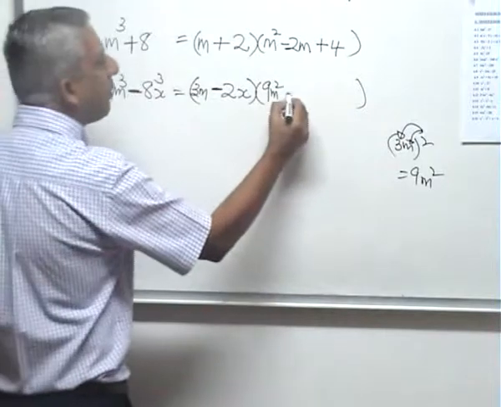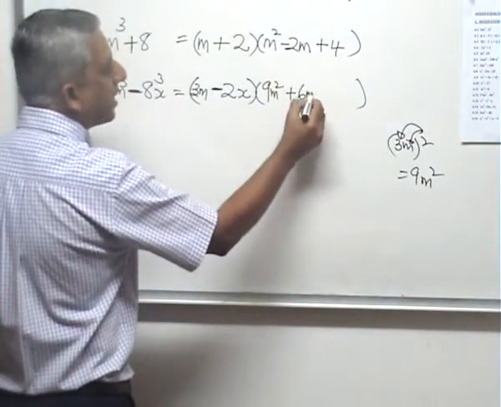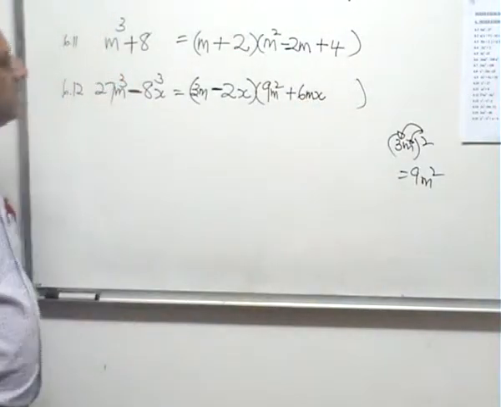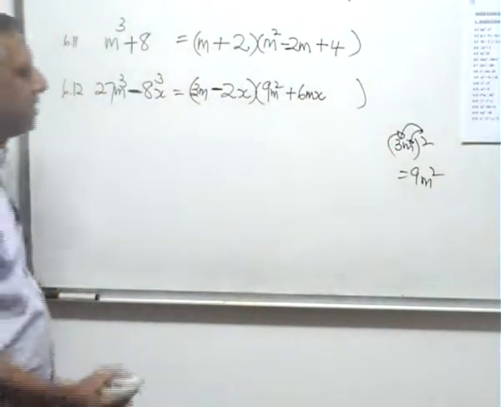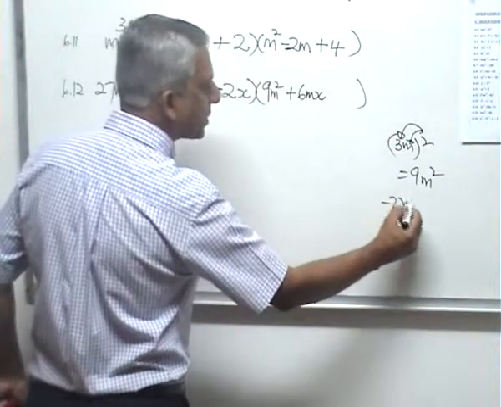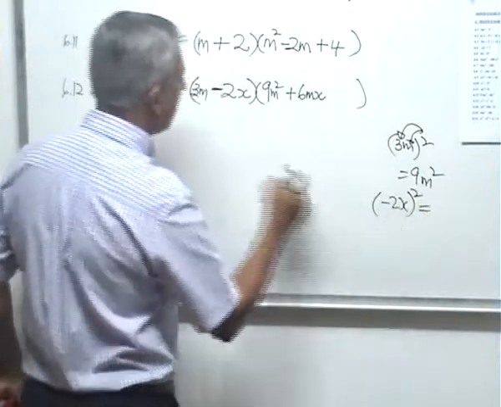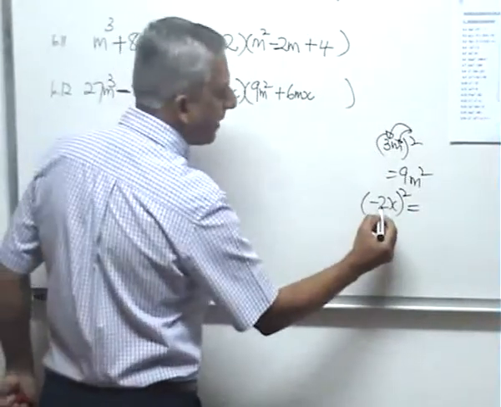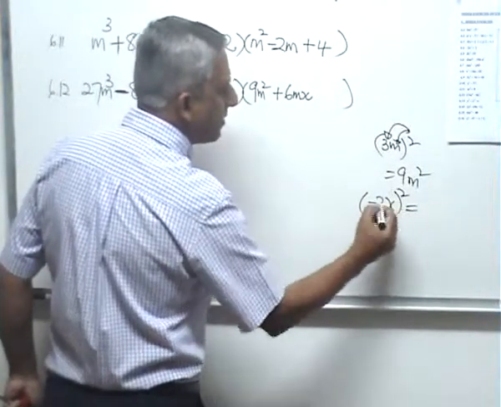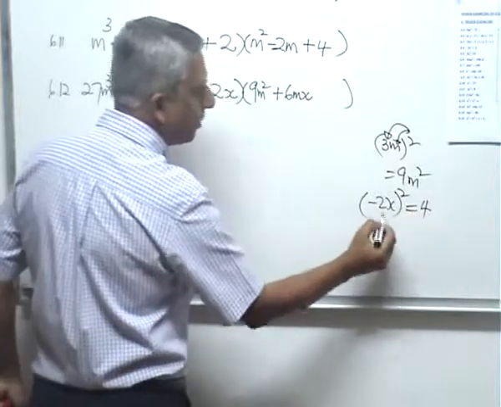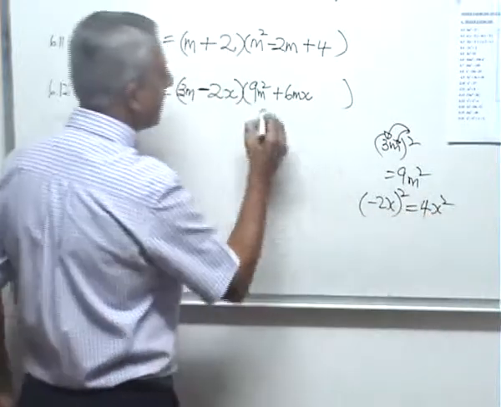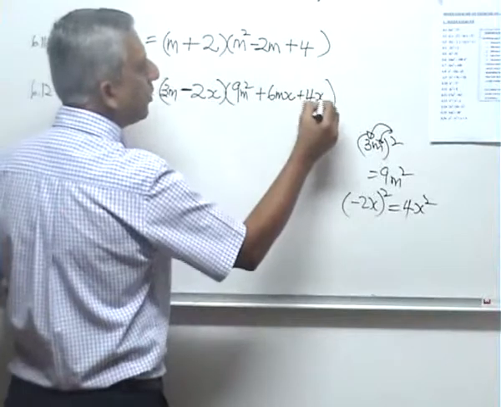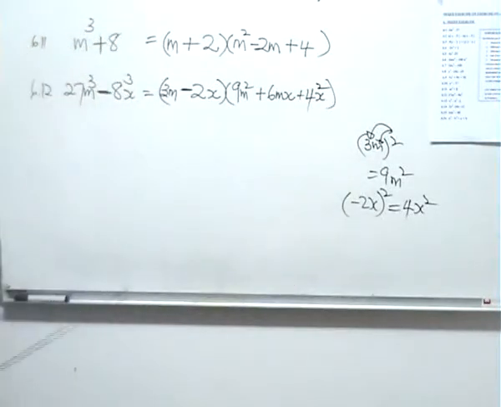Change the sign. It will become plus 6mx. And finally, you're going to square minus 2x. So if you square minus 2x, it's minus 2 squared, which means minus 2 times minus 2, 4x squared. So you get plus 4x squared.